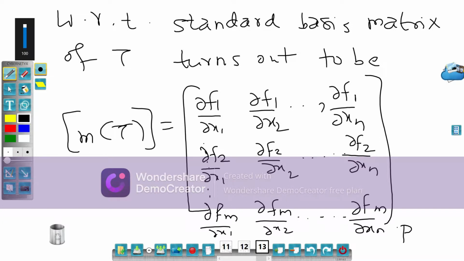This is basically our Jacobian matrix of f at p, right?